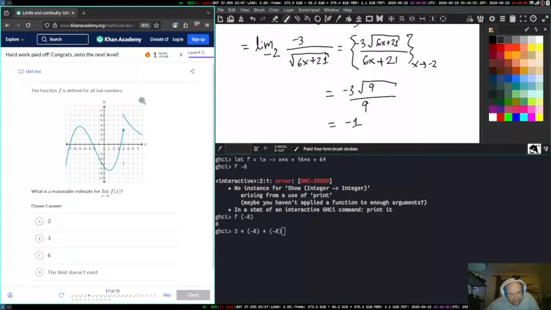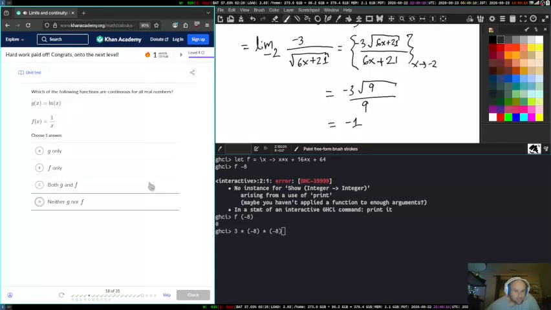F is defined. X approaches 4. There is no limit. The natural logarithm, neither of those are continuous for all real numbers.